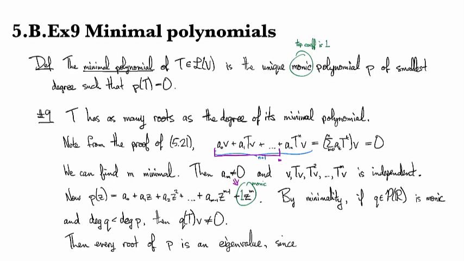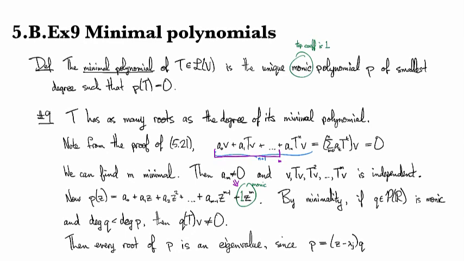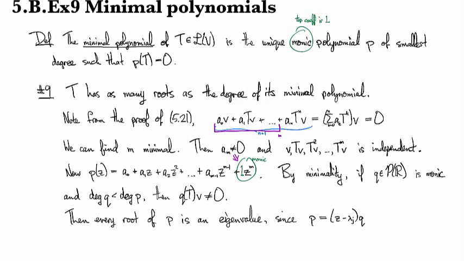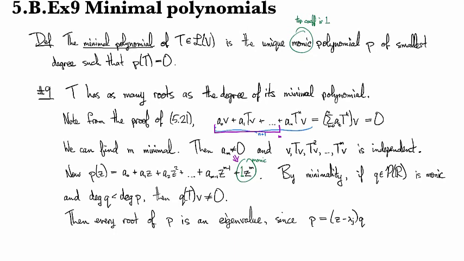Since we can write p as (z minus lambda j) times q. Well, okay, yeah. We have a theorem that tells us that you can do this, right? Because indeed, p factors by the fundamental theorem of algebra into a product of z minus lambda j, where lambda j is one of its roots.